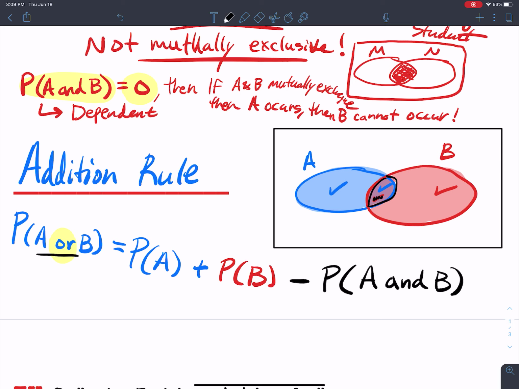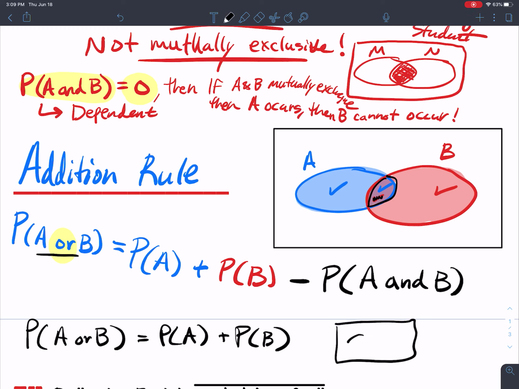So this is if we have an overlap. Now there's a formula in your formula sheet that says the probability of A or B equals the probability of A plus the probability of B, and that's it. This is only true if I have a scenario where there's no overlap, so I have an A here and a B here. That's only true if A and B are mutually exclusive. But that's not always the case.